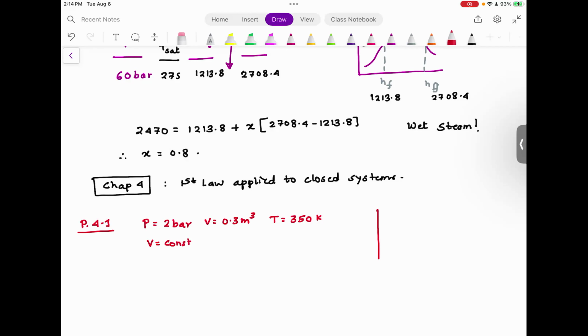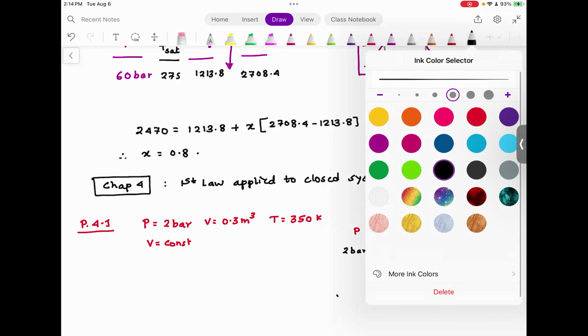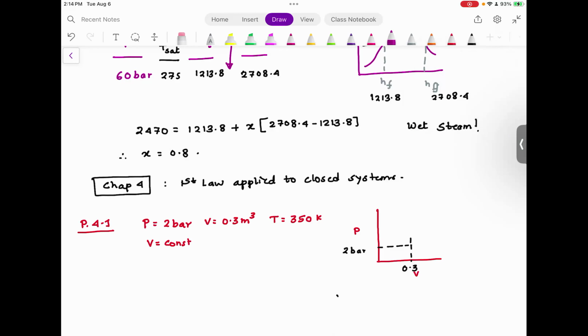If you look at the PV diagram, initially the pressure is 2 bar, volume is 0.3. It's going to be a constant volume process, and temperature here T is equal to 350 Kelvin.